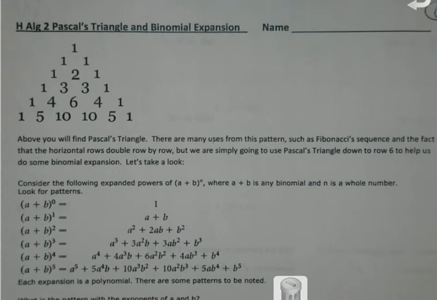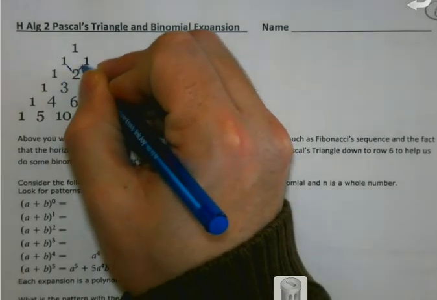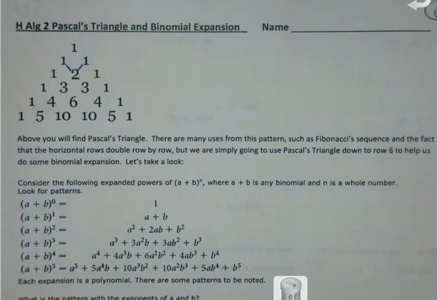Here's where Pascal's triangle actually comes from, though. As you work from the top to the bottom, you notice all the ones on the outer edge. As you come towards the inside, though, you might start to notice that any number in the triangle is the sum of the two numbers above it.